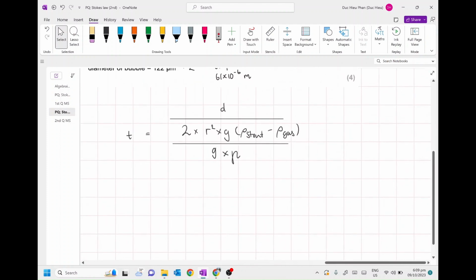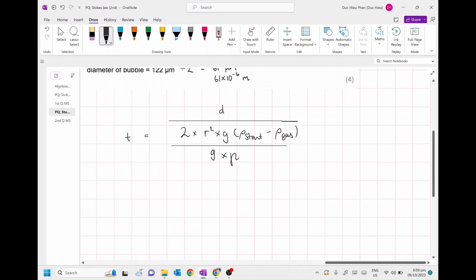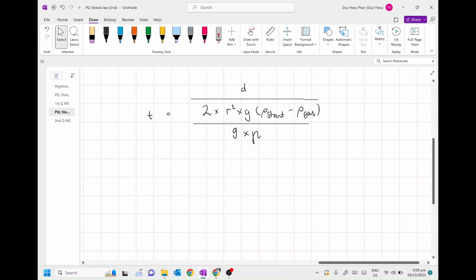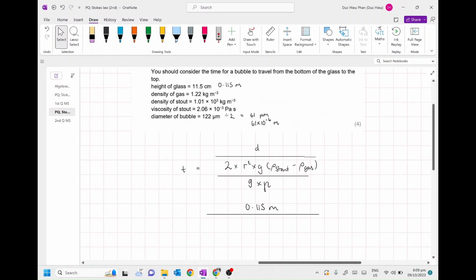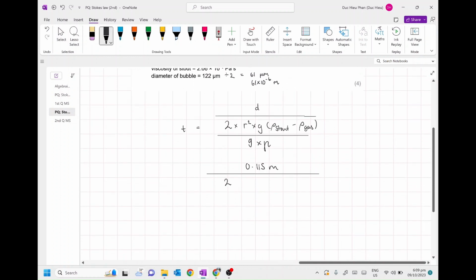So we simply substitute the numbers in. And so this would be 0.115 meters. We're going to have to use a lot of standard form here. 2 times r squared, the r is a tiny number, 61 times 10 to the power of minus 6, and this is all squared, times 9.8 for gravity.